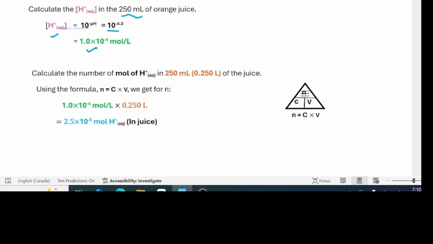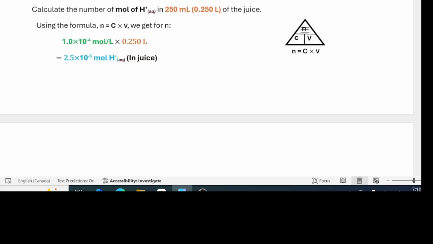The next thing we have to do is to see how that translates into number of moles. And again, we use that equation, number of moles equals C times V. We know the concentration is this, and that is the volume in liters. 250 milliliters translate into 0.25 liters. When you do the multiplication, we have that for the number of moles of hydrogen ions in the orange juice.